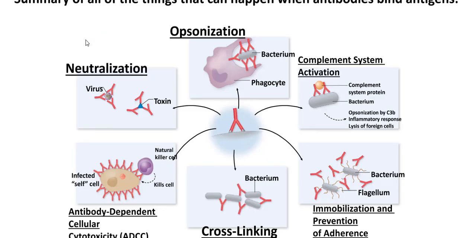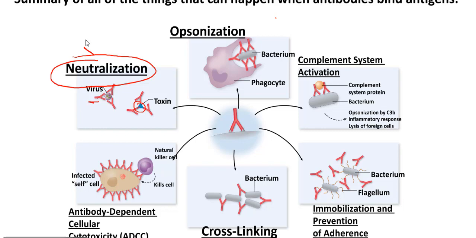Okay, now, what happens when an antibody binds to an antigen? Okay, and there's 6 main responses of things that can happen. The first is called neutralization. This happens when an antibody either binds to a virus, like in this picture, a bunch of antibodies have bound all over the virus, or an antibody binds all over to an exotoxin that's secreted by a bacteria.